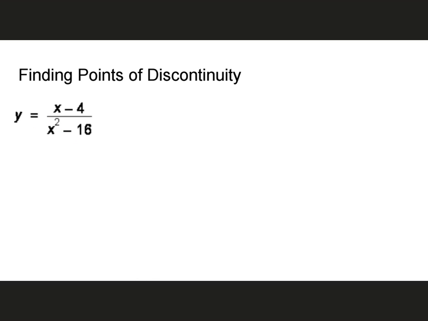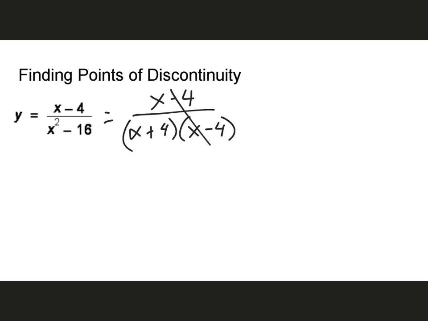Another example that is sort of a review of your pre-calc skills. If you have a rational function like this, we want to factor it first, and we want to cancel out our common factors. Because x minus 4 cancels out, that means that at x equals 4, we have a hole on our graph. So I'm just going to identify that as one of my discontinuities. We have a hole at x equals 4.